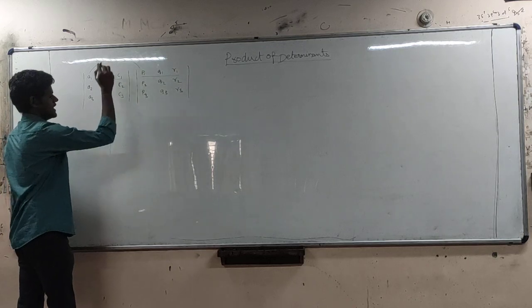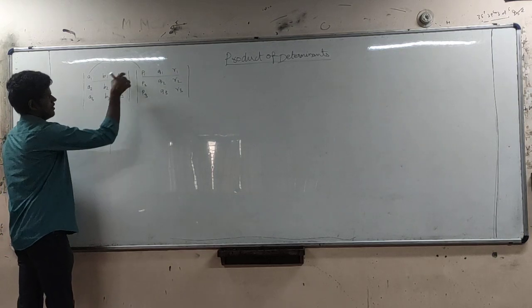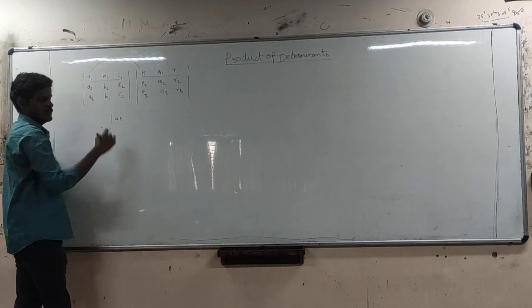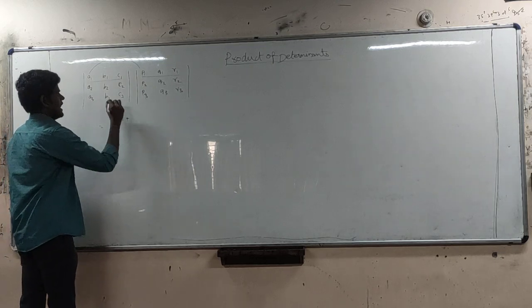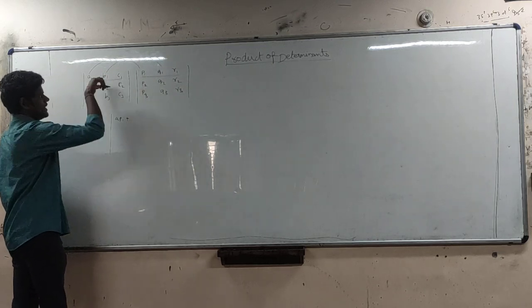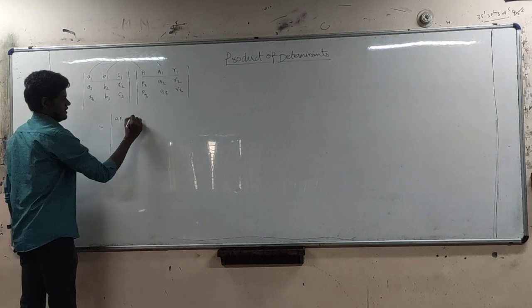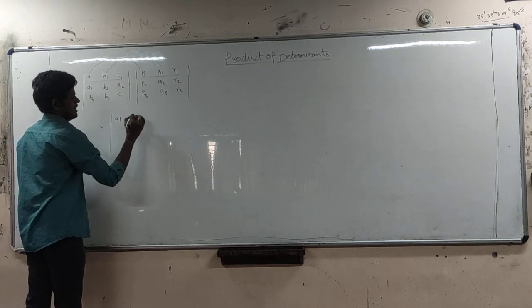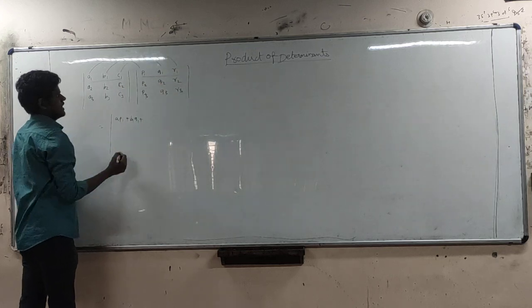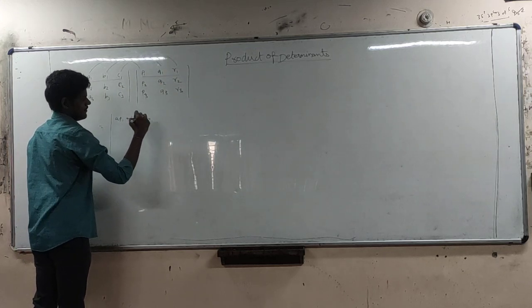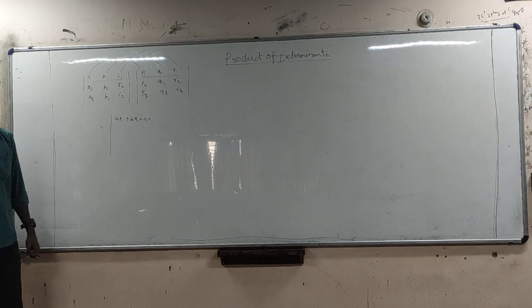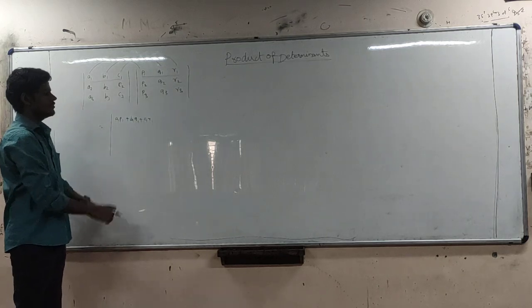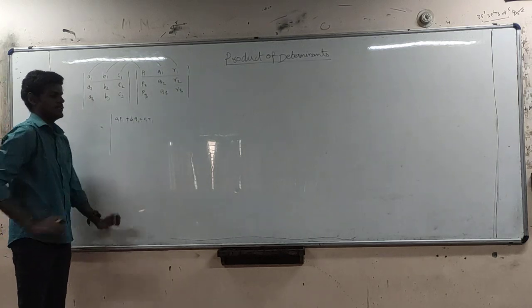That means multiply A1 with the first element here, P1, add B1 multiplied with Q1, add C1 multiplied with R1. This is the first element of the product determinant.